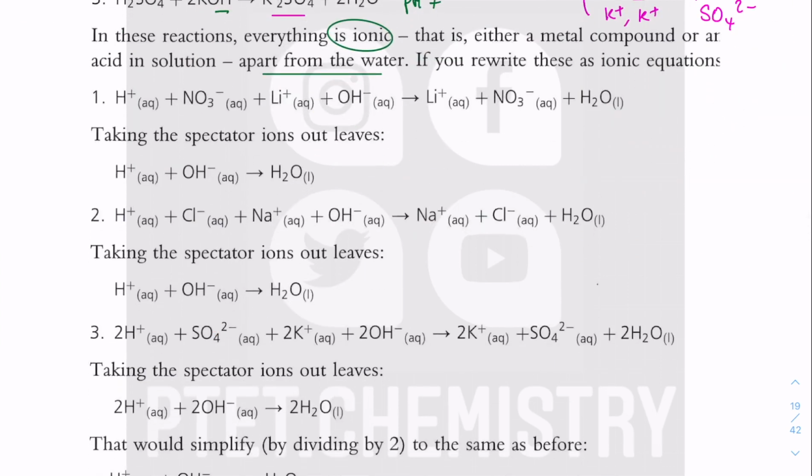Alright, so this is basically showing the nitric acid reacting with the lithium hydroxide. So everything dissociated into ions. Lithium nitrate, all nitrates are soluble in water.